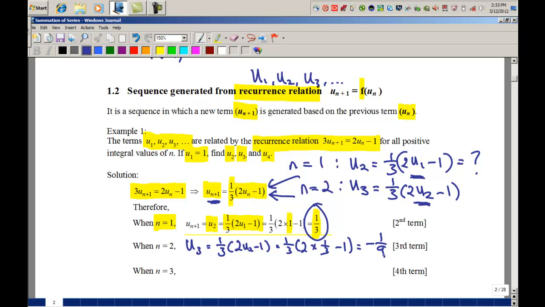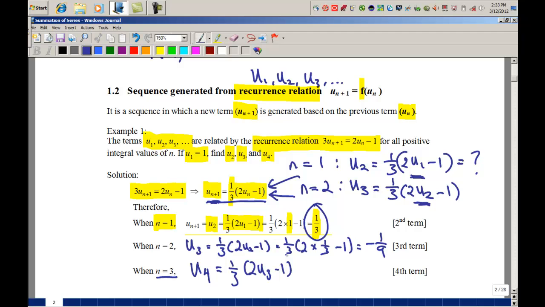Now you can try to find u4 on your own. It's again very easy. All you need to do is to look at this recurrence relation, and I will sub in n equals 3. On the left hand side, I get u4. And this is the same as 1/3 (2u3 minus 1).